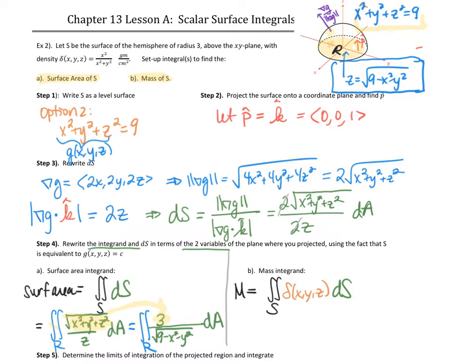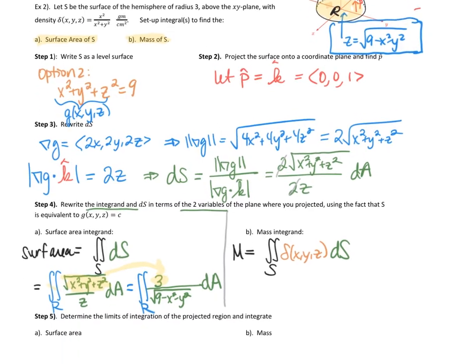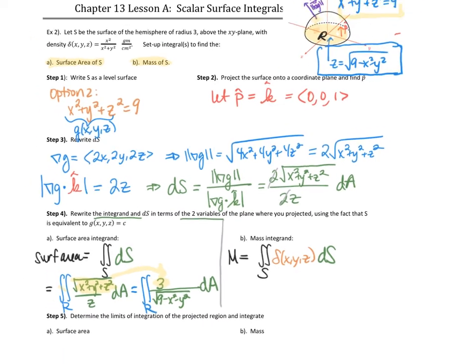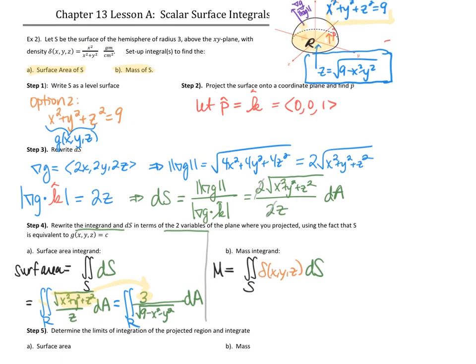All right, and the mass integrand, we can do a similar idea. So let's rewrite that one. We had the density given up here as x squared over the quantity x squared plus y squared. And so we're going to change variables here. We're going to now integrate over my region R. And the integrand, luckily the way I gave us density was already in terms of x and y.